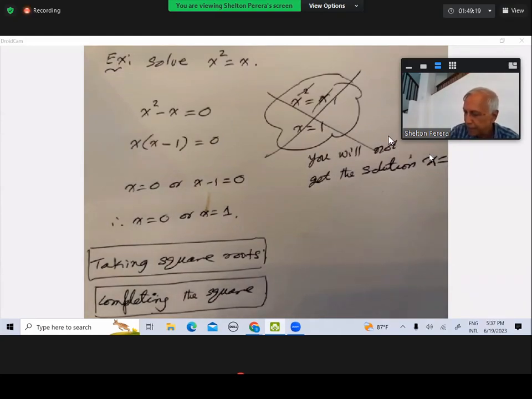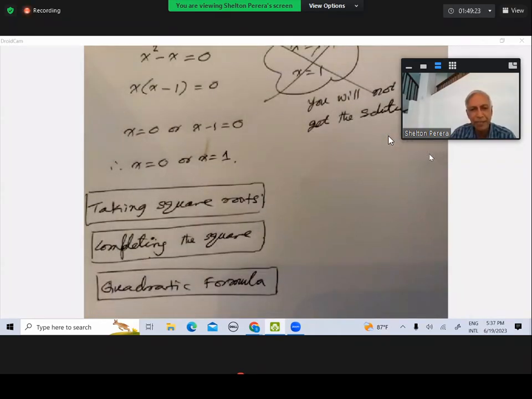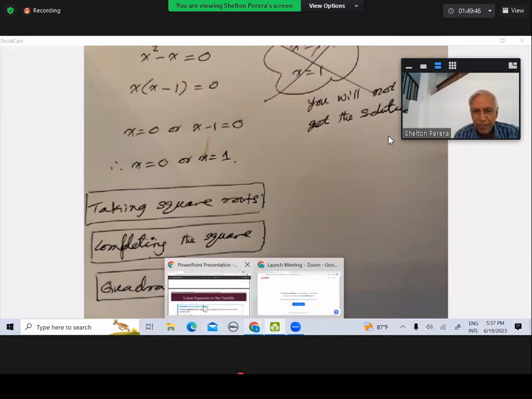That method you need to know by heart, because when the factoring method fails, then you can immediately go to the quadratic formula. Completing the square is to illustrate how you would get the answers in the quadratic formula. So let me now go to the note and show you how to do this.